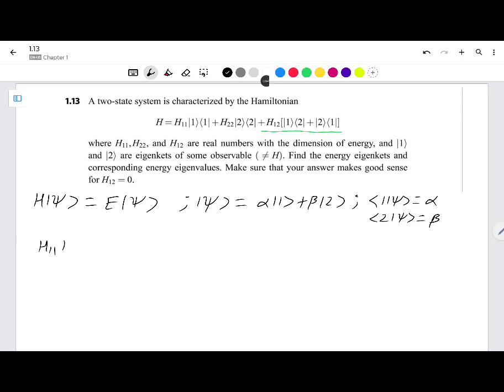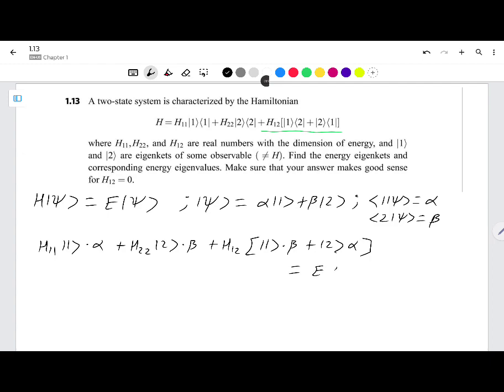H11 on |1> psi, which we are calling alpha, plus H22 on |2> psi, we are calling beta, plus H12 on |2> psi, that will be beta, plus H21 on |1> psi will be alpha. All of this is equal to E psi.